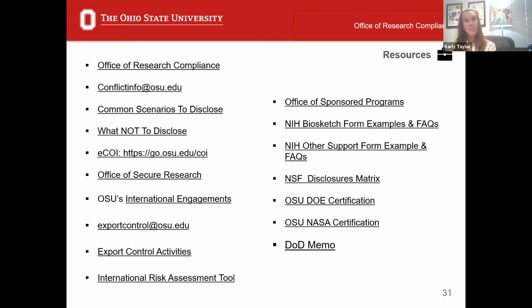NASA has some restrictions. It's good to know, if you're doing research with these agencies, what some of the nuances may be. Our international engagement site highlights the different things that you need to disclose for those different federal agencies.